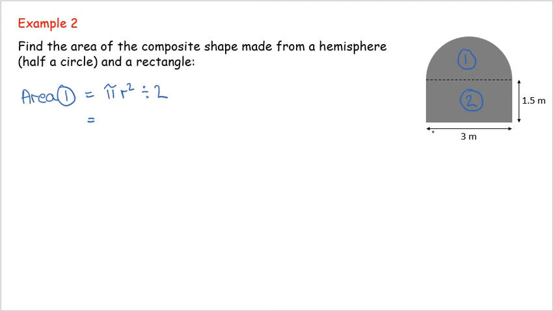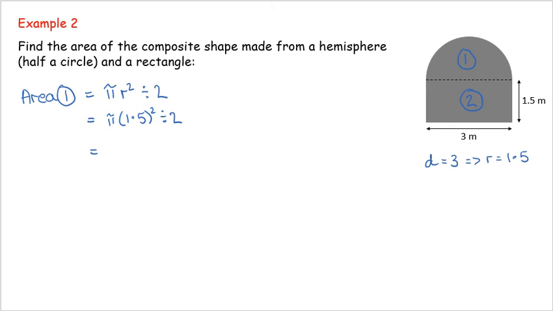In this case now, I have the 3 which goes all the way from one edge of the circle to the other. Therefore the radius will be half of that. So if the diameter, which we're told is 3, then that means that the radius is going to be half of that, which is 1.5. So it's pi multiplied by 1.5 squared, and then divide that by 2.